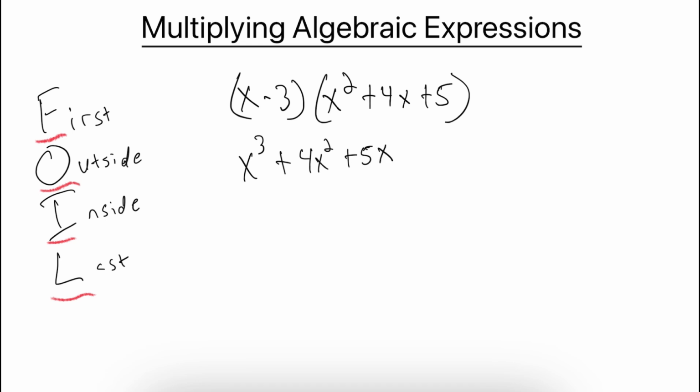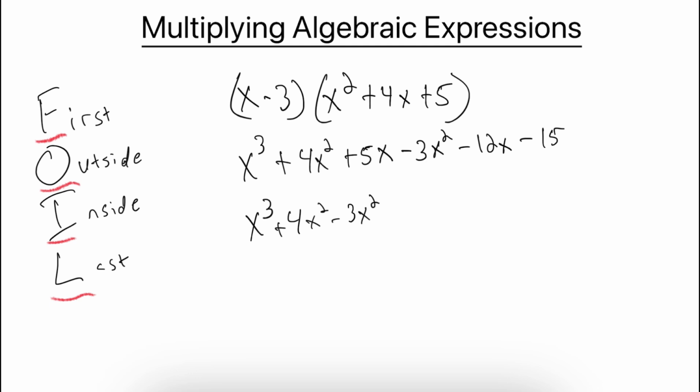Now our first one over here is a negative, so we have negative 3 times x squared. We have minus 3x squared, minus 4 times 3 is 12, so minus 12x. Then 3 times 5 is negative 15. So we'll group all of our terms. For cubed, we have x cubed. X squared, we have 4x squared minus 3x squared.